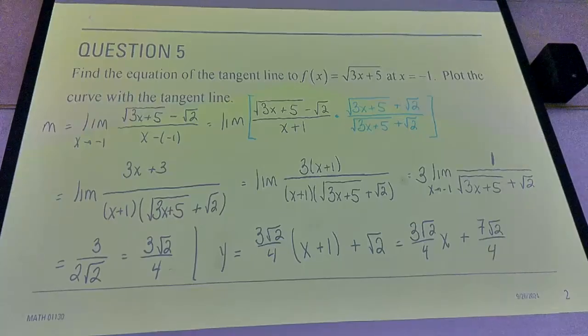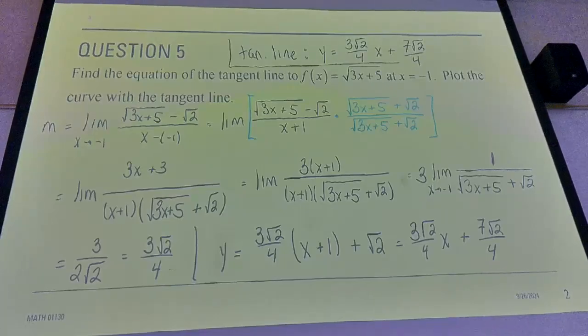Just 7 root 2 over 4. And there's our tangent line.